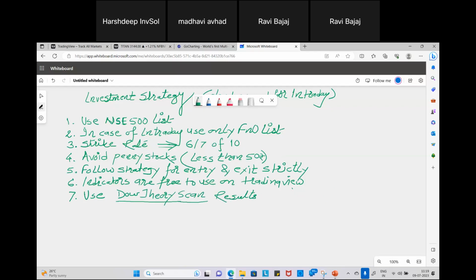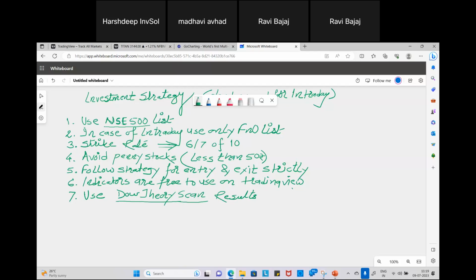If you want to review your own stocks, you can do that as well. Okay. What it means is, if you already have a portfolio of, let us say 5, 10 stocks, whatever number is there, you can apply the same strategy to check if you need to remain invested in those stocks. But preferable is to use this universe, that is NSE 500, for any new trades.